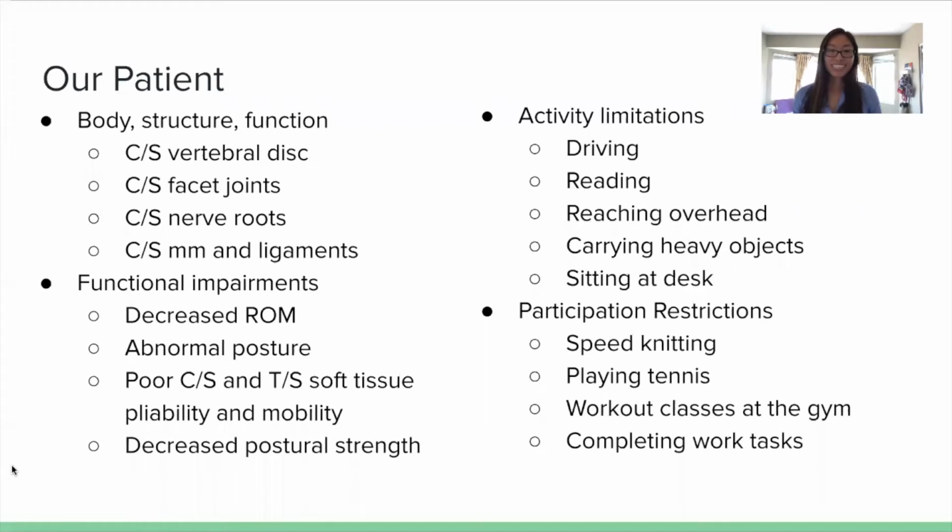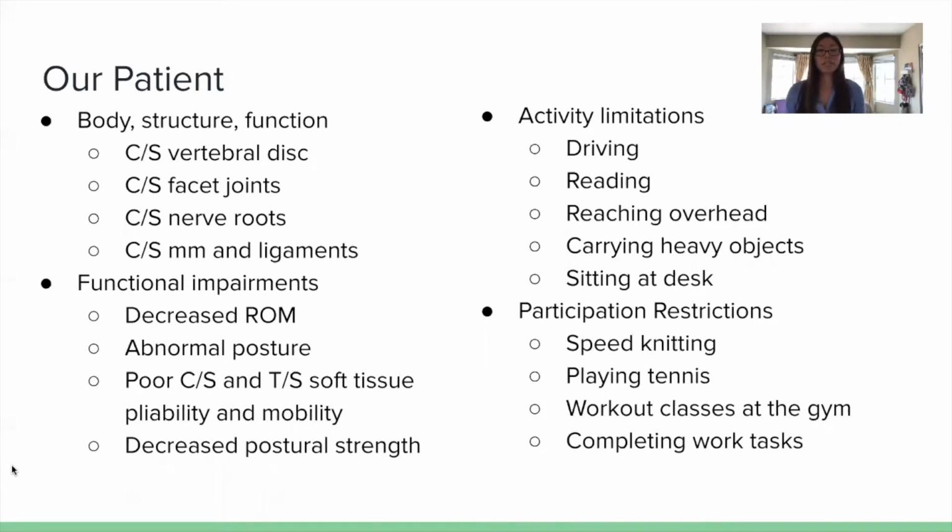So now we're going to take a look at the different things you might see with a patient who has cervical radiculopathy. When we're looking at body structure and function, most of these patients will have some sort of cervical spine issue, whether that's in their vertebral disc, facet joints, nerve roots, or muscles and ligaments. And you're going to see those different things pop up through the way that they're functioning, through the way that they're moving.